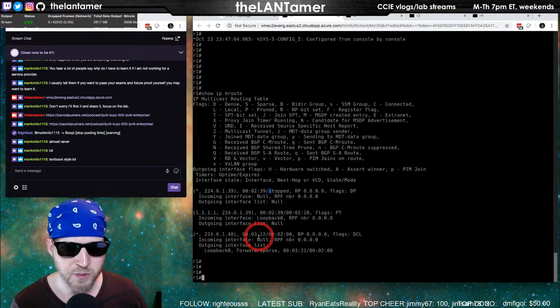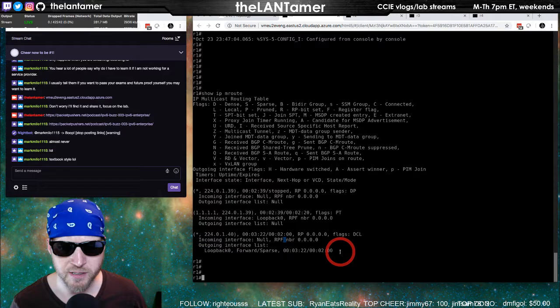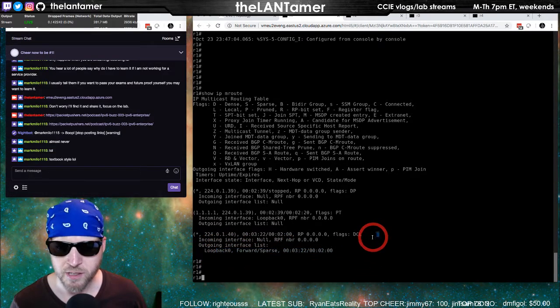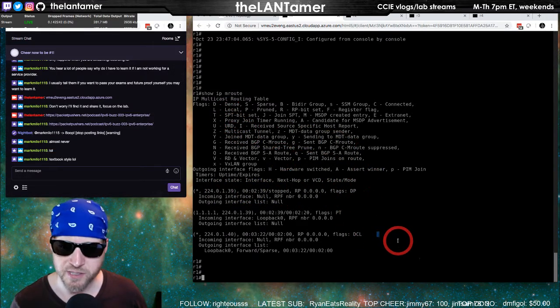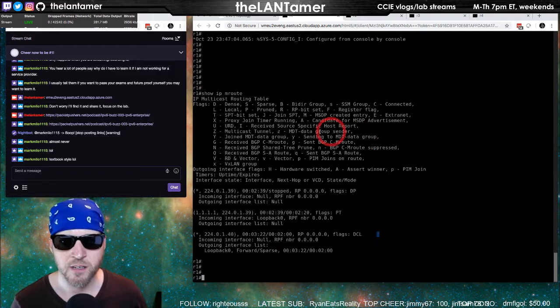Star comma 224.0.1.40. Incoming interface null. Outgoing is L0. What are the flags here? This is DCL. Interesting. Dense, connected, and L is local.